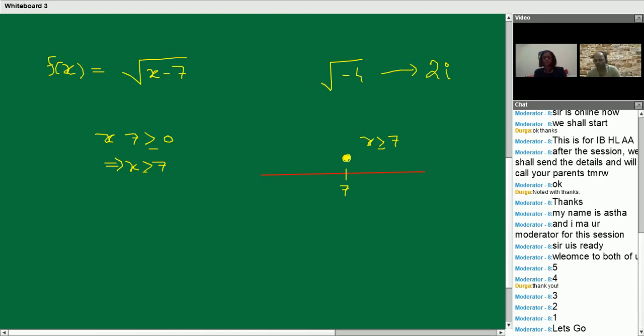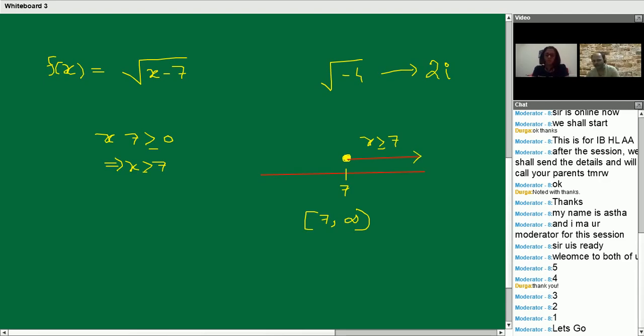So when it is greater, it means it should be towards the right. Right means towards the positive infinity. So you can see that this would be the number line representation, and in interval notation, x is greater than or equal to 7 means we have to use a square bracket: 7 to infinity.